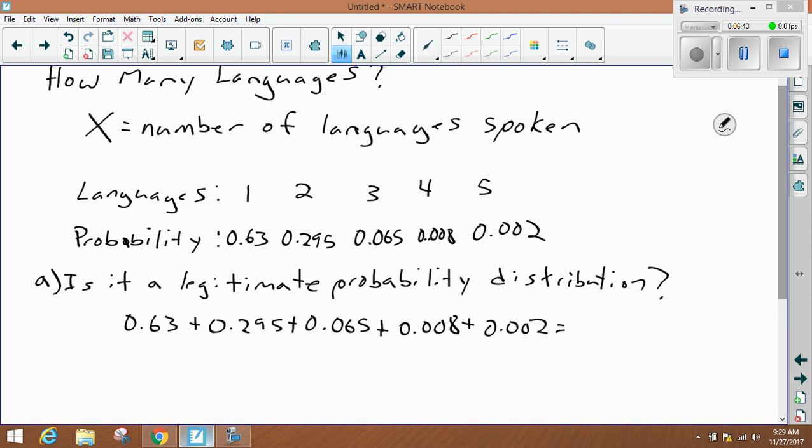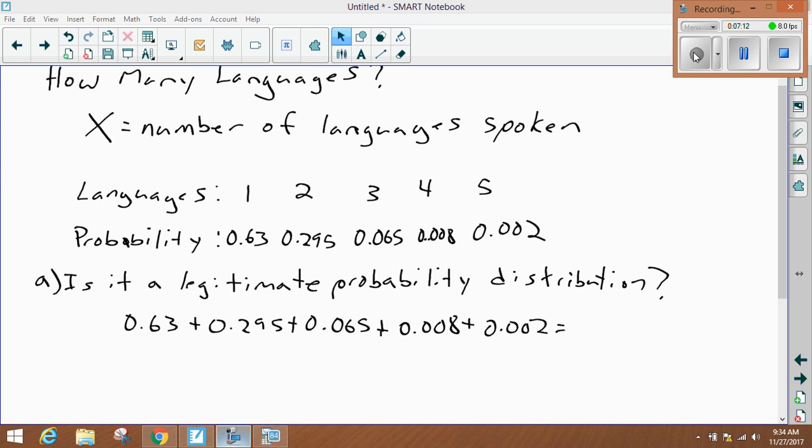Actually, interesting that the only thing your book actually cares about is that they're all between 0 and 1. But it should be the case that they add to 1 as well. I'm going to have to get out my handy dandy calculator.